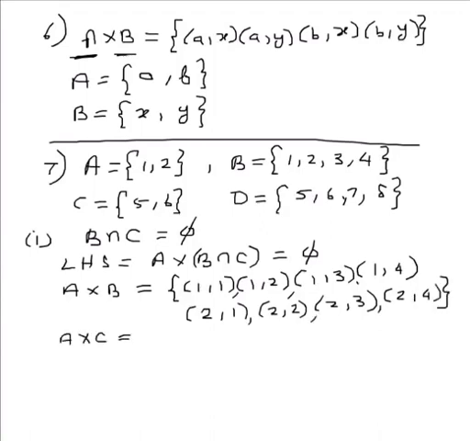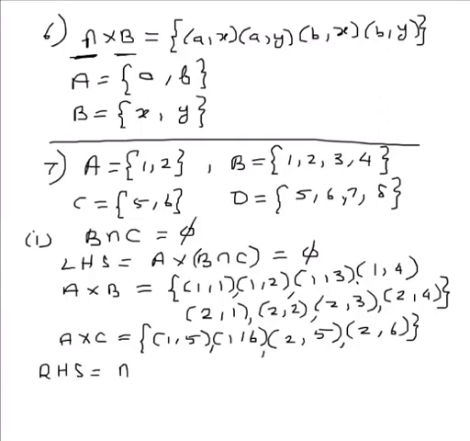We need A cross C. A has 2 elements, C has 2 elements. So 2 2s are 4 elements will be there in the Cartesian product of A and C: (1,5), (1,6), (2,5), (2,6).